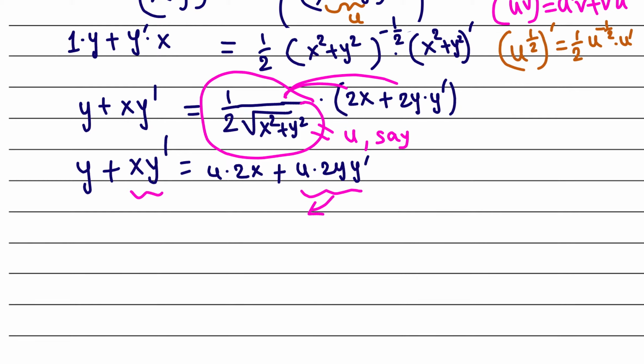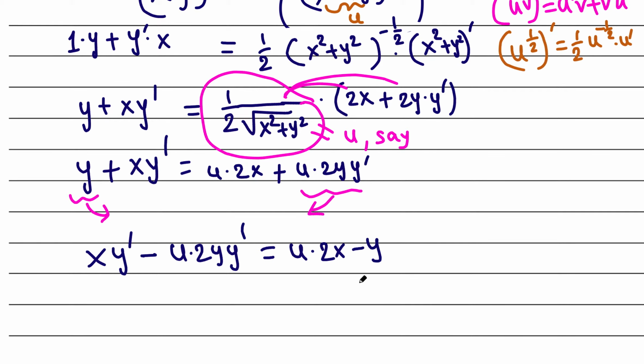In the same way, we need to move y to the other side, meaning subtract y. Okay, let's do that. So we have x y prime, and we are subtracting u times 2y y prime, equal to, we have u times 2x already on the right side, and subtract y from both sides.